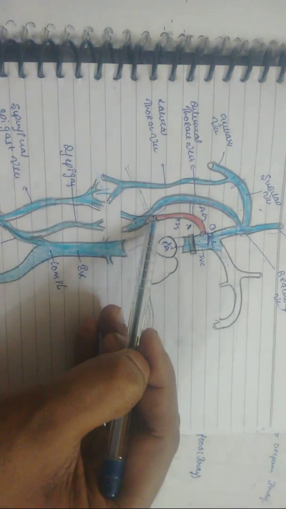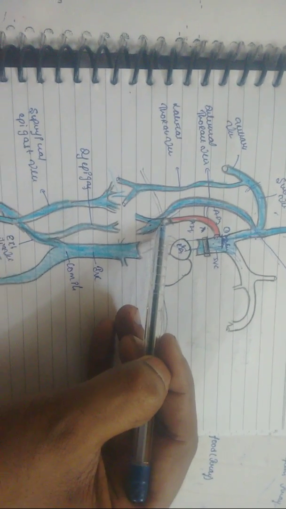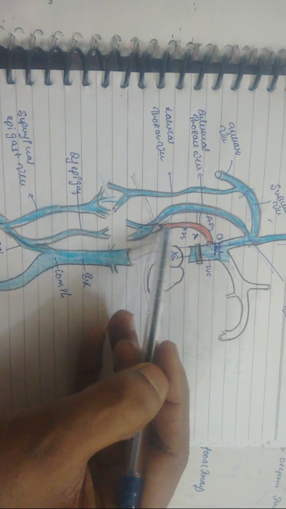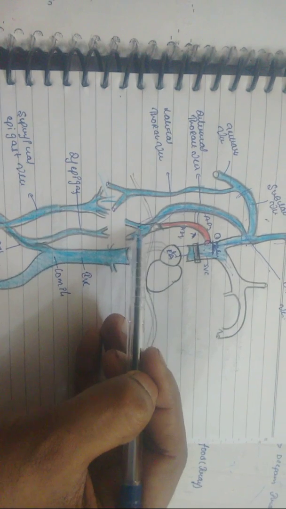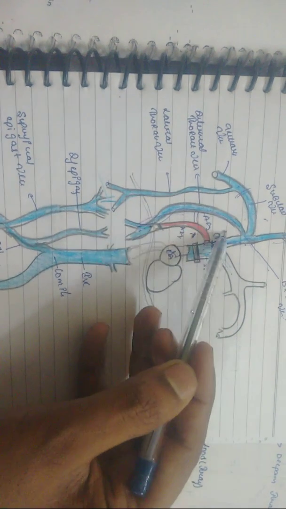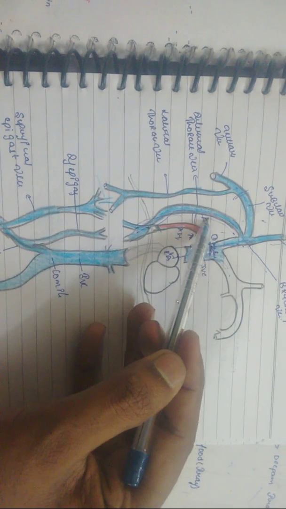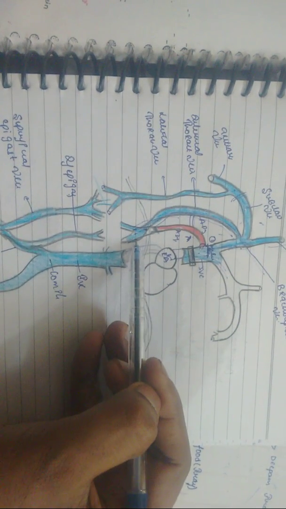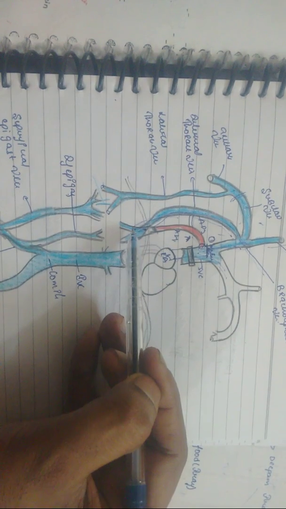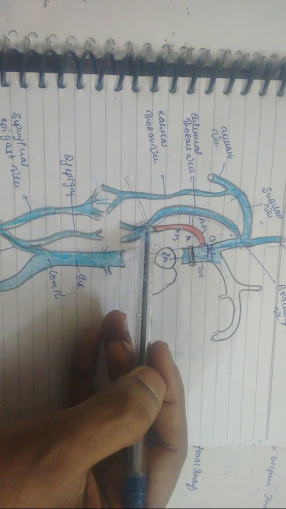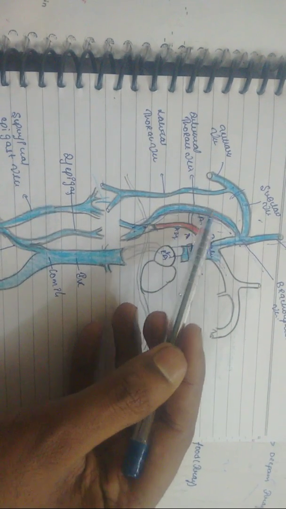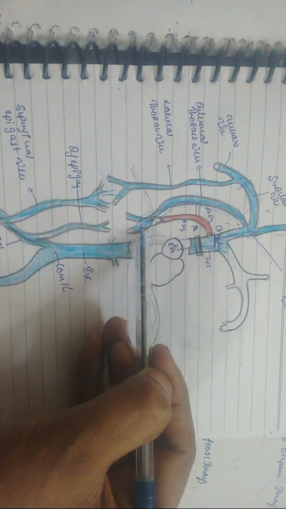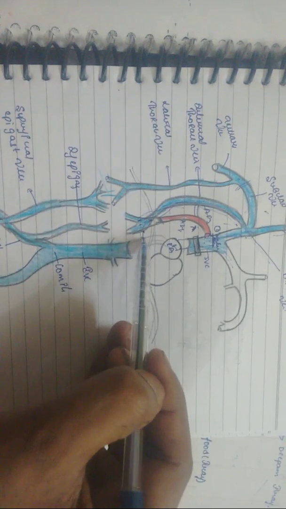From the internal thoracic vein, it goes into the superior epigastric vein. This is the superior epigastric vein, and this is the internal thoracic vein. You know that the superior epigastric vein and the musculophrenic vein form the internal thoracic, but right now we just understand that the internal thoracic vein goes into the superior epigastric vein.